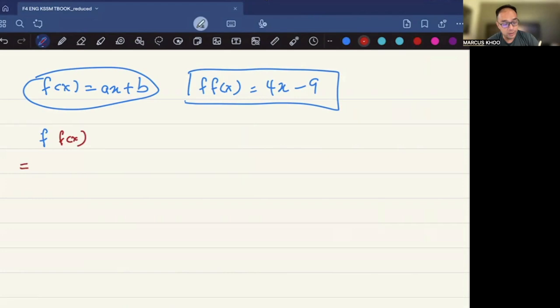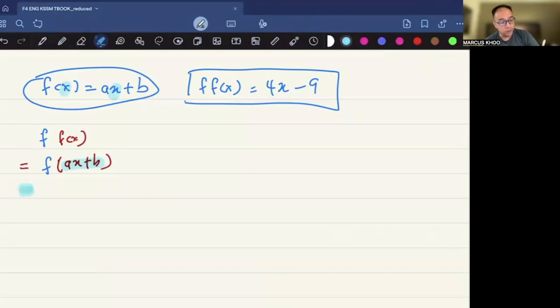So this will give us the f over here, and then this will be ax plus b. Reminding you again, whatever is the object needs to be the object in the next function. Just so happens that our function is also f, so we're going to put ax plus b into the place of the object.